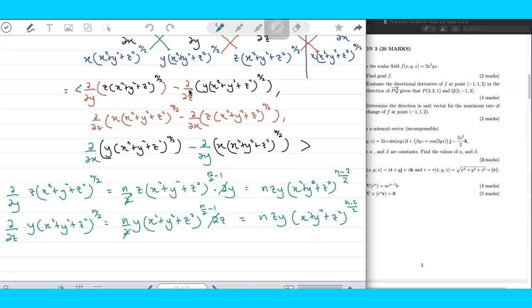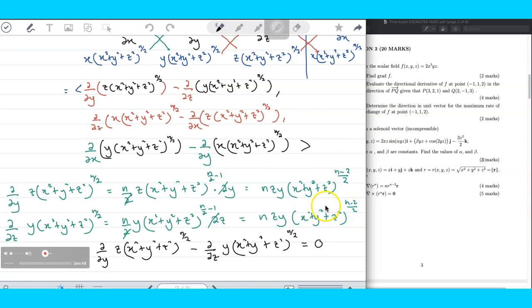So I'll just show you the first one. For the first component, you obtain that the first term minus del z of y times (x squared plus y squared plus z squared) to the power of n over 2 is 0, because you will obtain the similar expression.